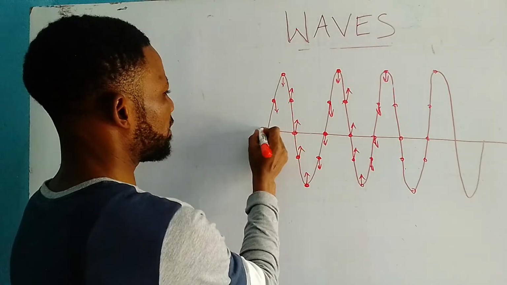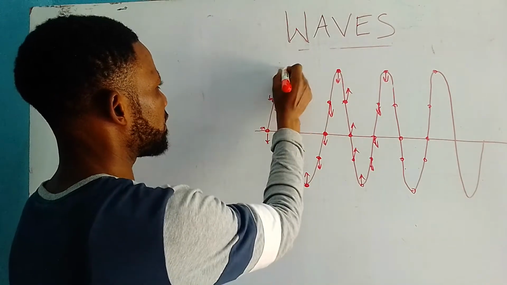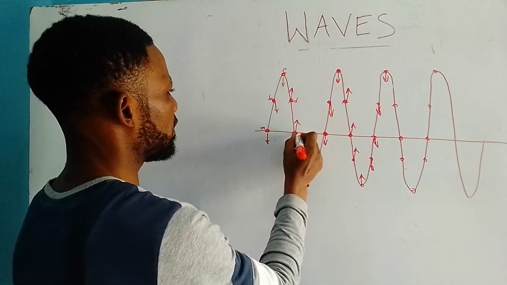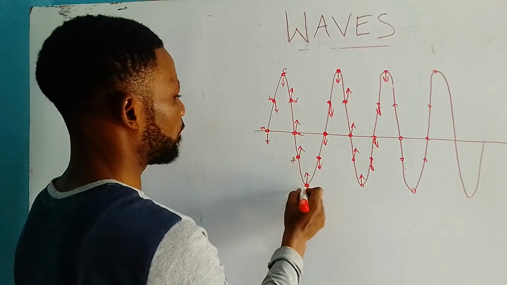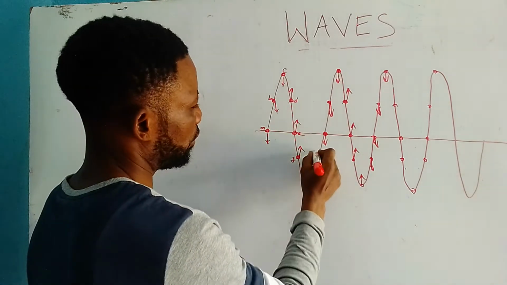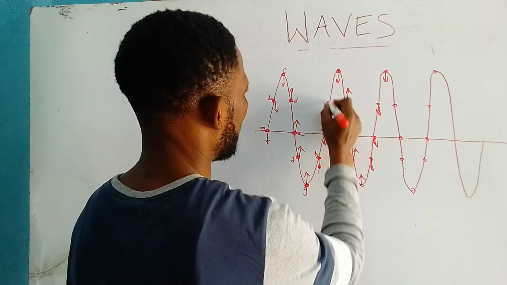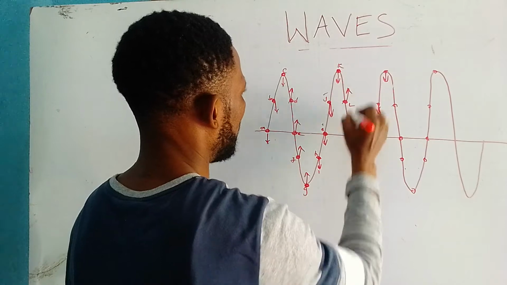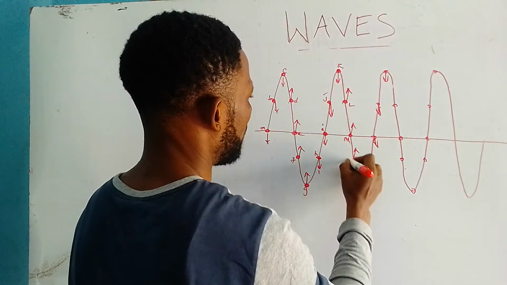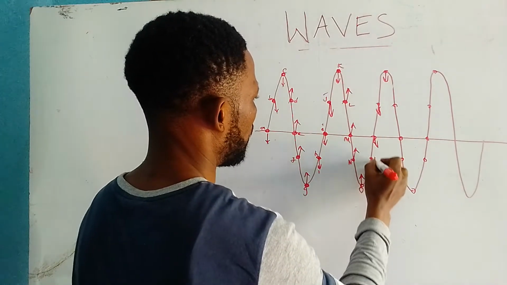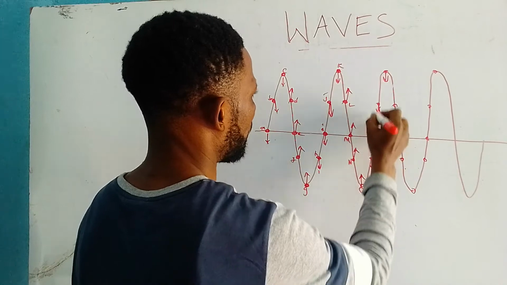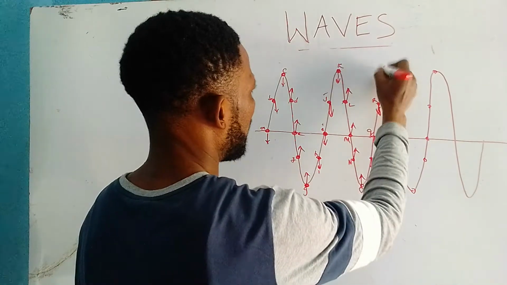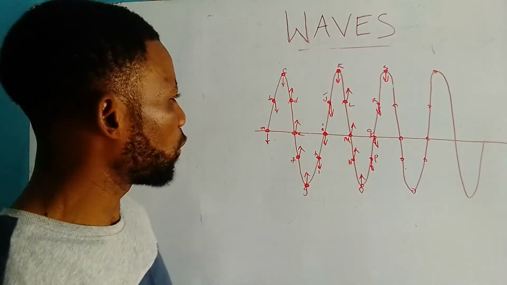Now, if this particle is A, this is B, this is C, D, E, F, G, H, I, J, K, L, M, N, O, P, Q, R, S. Now I want you to take note.